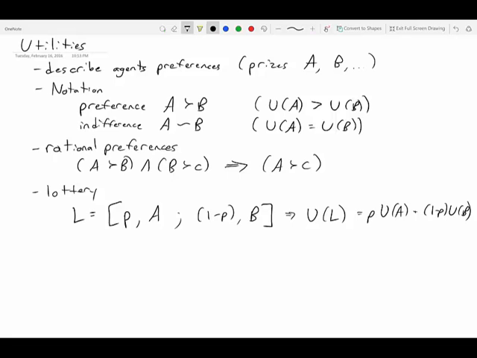Well, an agent might have a utility that is composed of a bunch of other utilities. For example, maybe my utility is L, where A is my utility of eating ice cream, and B is the utility of going exercising. So now my utility is more complicated. It's a weighted sum of other utilities.